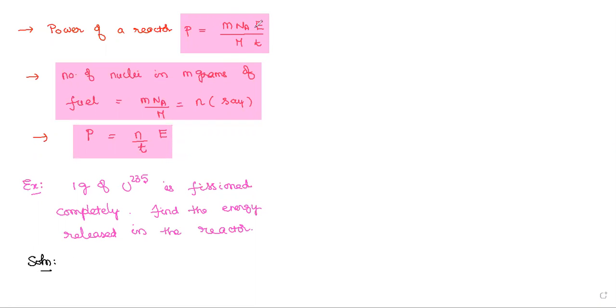For that I am trying to solve it here. 1 gram of uranium means, in the formula, I already told you m should be taken in grams only. So m is equal to 1 gram. Na we all know, that is 6.023, approximately 6 into 10 to the power of 23. And for uranium 235, this is the mass number, the molecular weight. You can represent it with capital M or A, any letter.